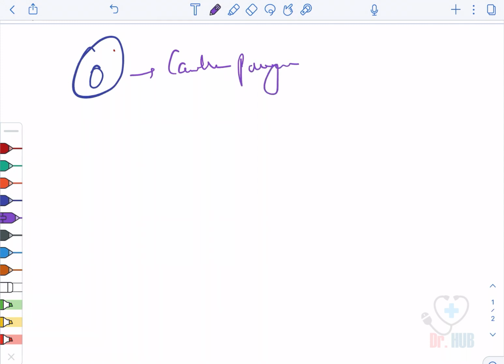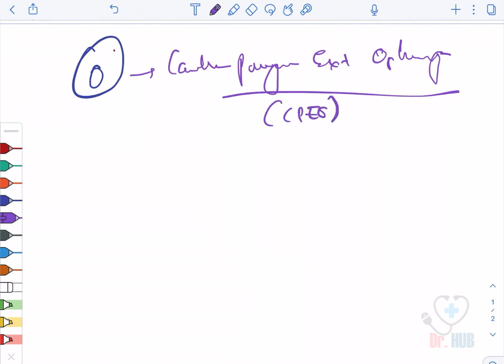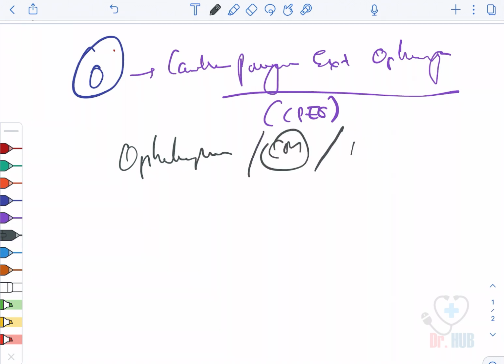So this O stands for the chronic progressive external ophthalmoplegia, and this is nothing but the CPEO. And what this stands for is the ophthalmoplegia, cardiomyopathy.